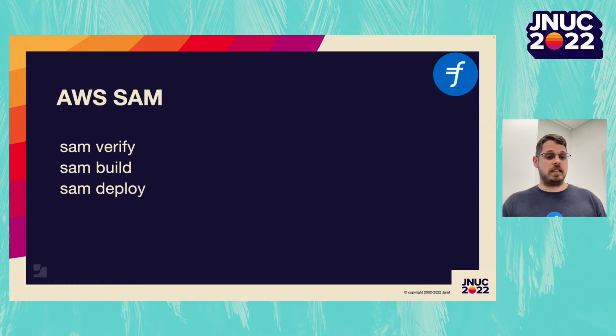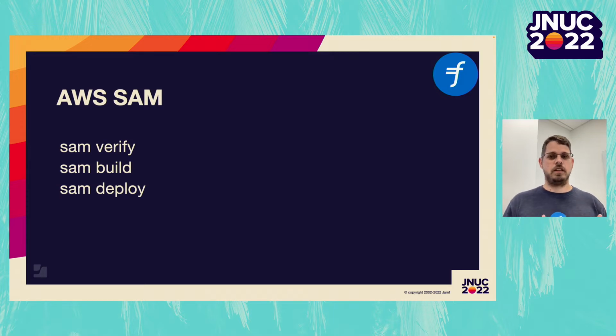The SAM CLI, SAM stands for Serverless Access Model, has quite a few commands, but the three that are most common are verify, build, and deploy. The verify command makes sure that your template is valid, essentially lints your file. The build command takes your code and puts it into a deployable format.